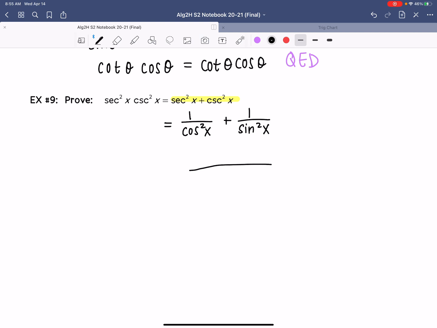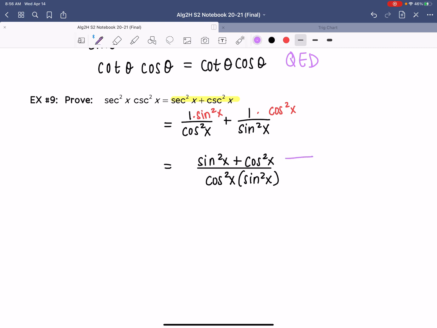My common denominator would be multiplying those together. So let's go ahead and multiply those together. So we'd have cosine squared x times sine squared x. That means I need to multiply this numerator by cosine squared x and this numerator by sine squared x. 1 times sine squared x is sine squared x plus 1 times cosine squared x, cosine squared x.